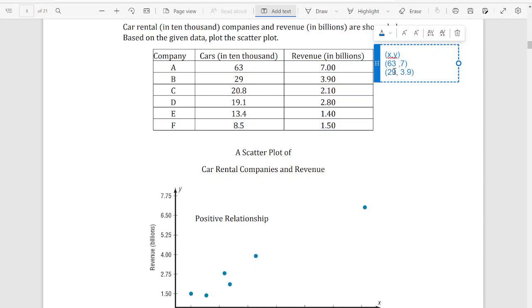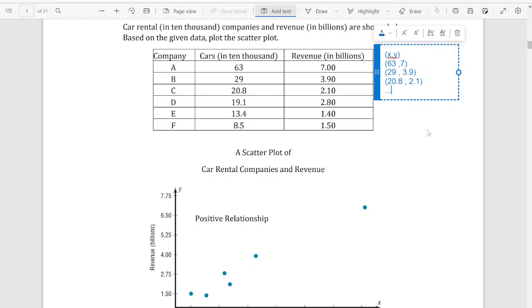And then the third one, you have the pair of 20.8 and 2.1. Okay, and so on, and then you dapat dah lagi. Okay, so those are the pairings.